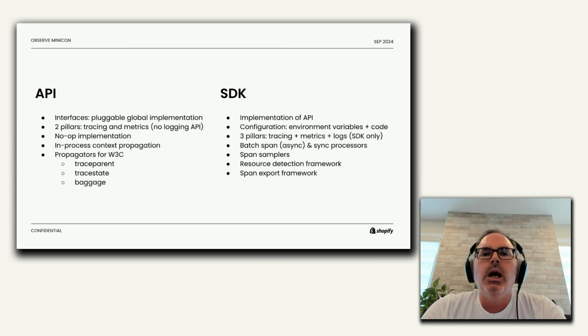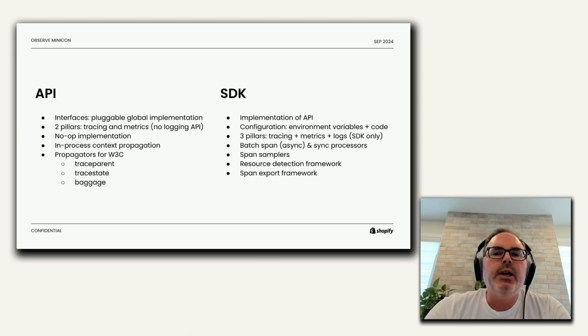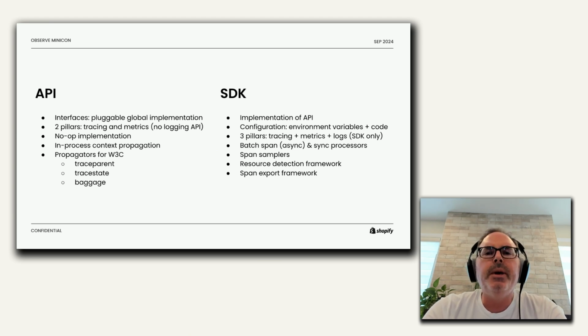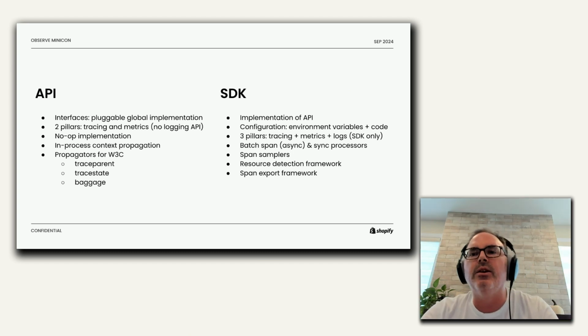Next slide. So as I mentioned, there's an explicit separation between the API and the SDK, both in the spec and especially for packaging. The API contains a no-op implementation that allows instrumentation to work without an SDK installed, and alternative SDKs can be plugged in as the global implementation. The API exposes metrics and tracing. Logging is considered a legacy signal.